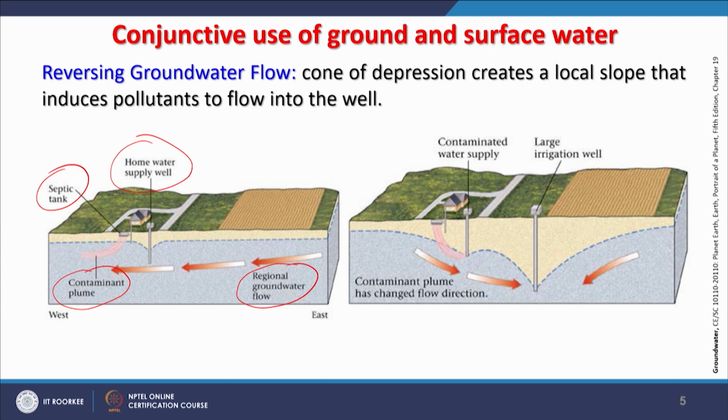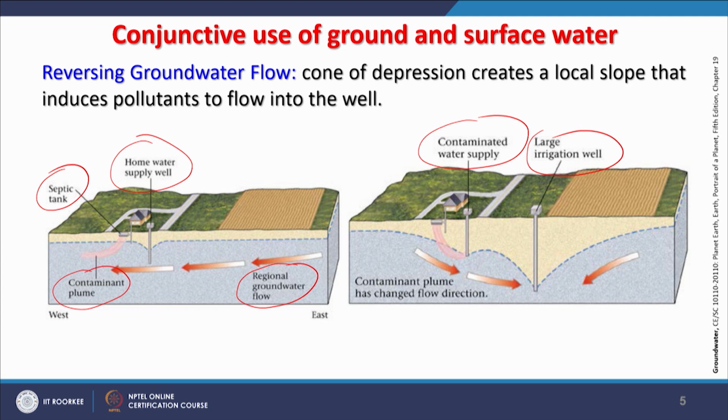But with over-withdrawal of water, when you have a large irrigation well, the septic tank shown here is now polluting your groundwater supply to the house or to the settlements, or affecting your municipal water supply, and this is what happens.